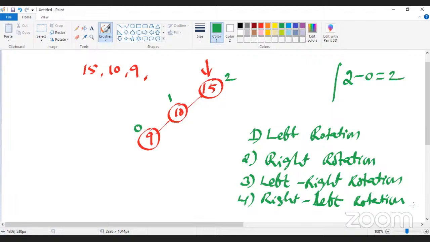It should follow the AVL tree property and the BST property. We will rotate to convert it into an AVL tree only. Once we convert it to an AVL tree by rotating, that rotated tree should not violate the property of BST. Any idea?